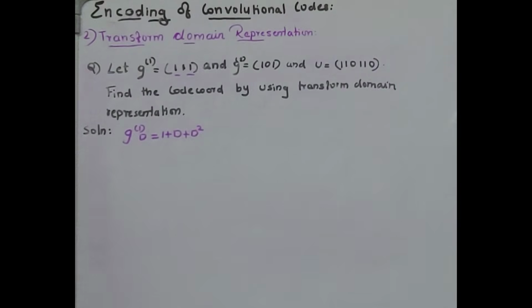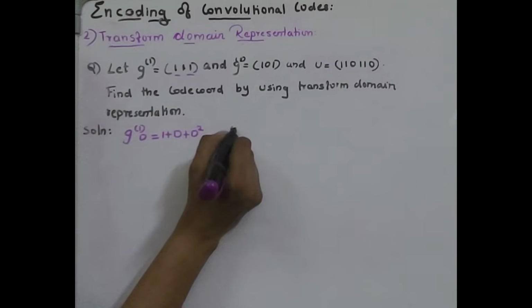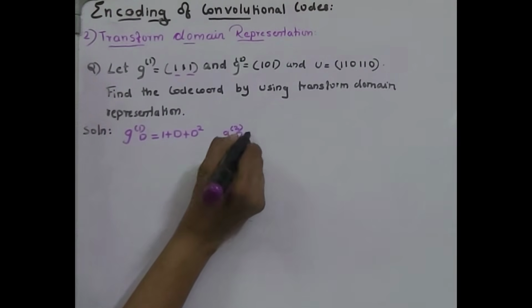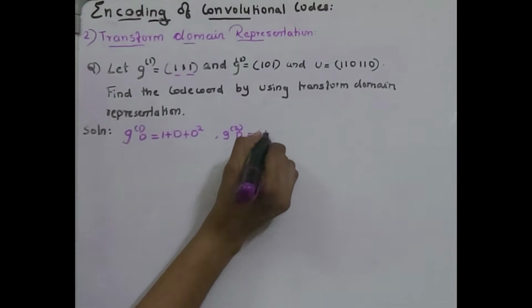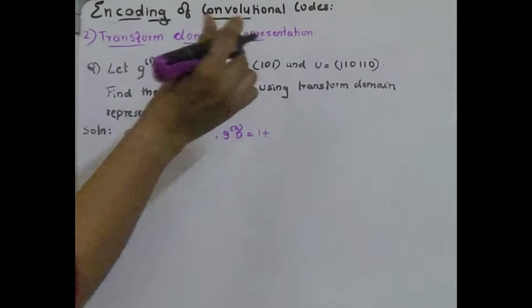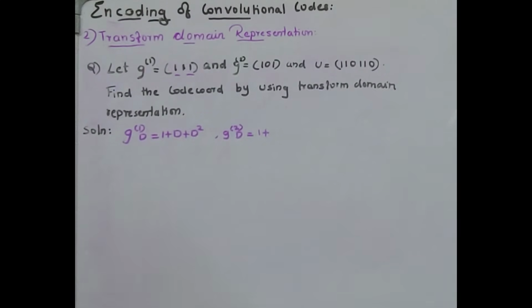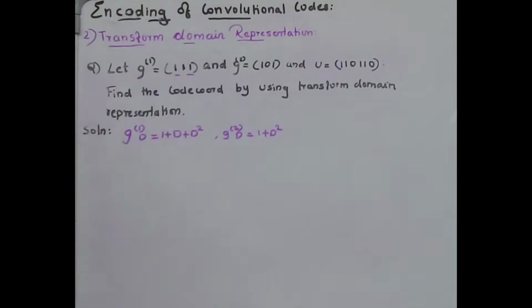Similarly, G2(D) is equal to 1 plus 0 into D. Since the coefficient of D is 0, there will be no D term. Then we have 1 into D square. Then we have 1 plus D square as the polynomial.